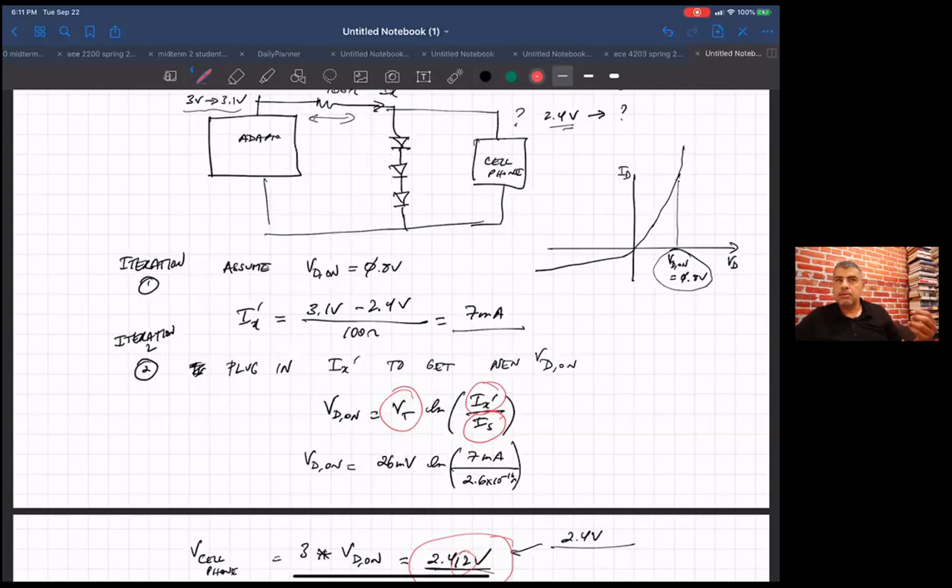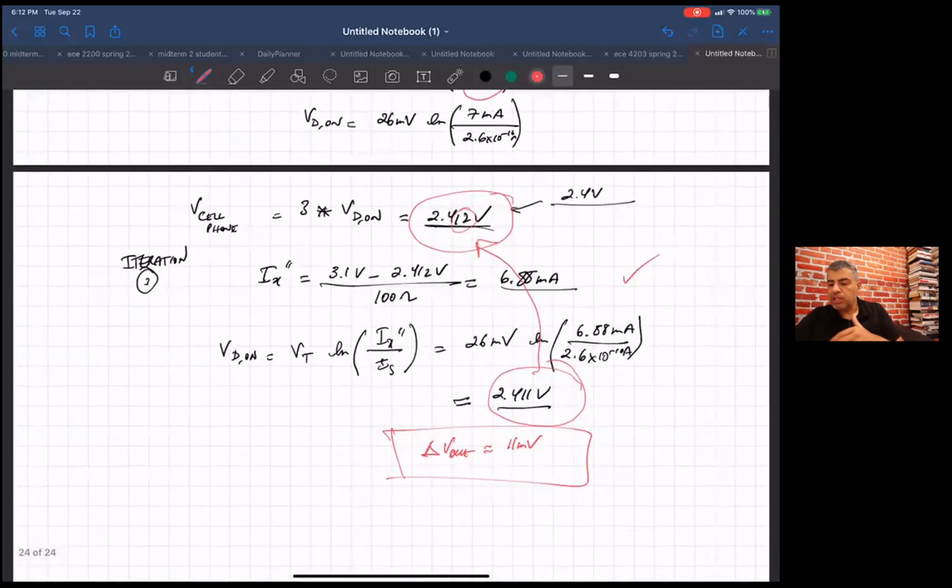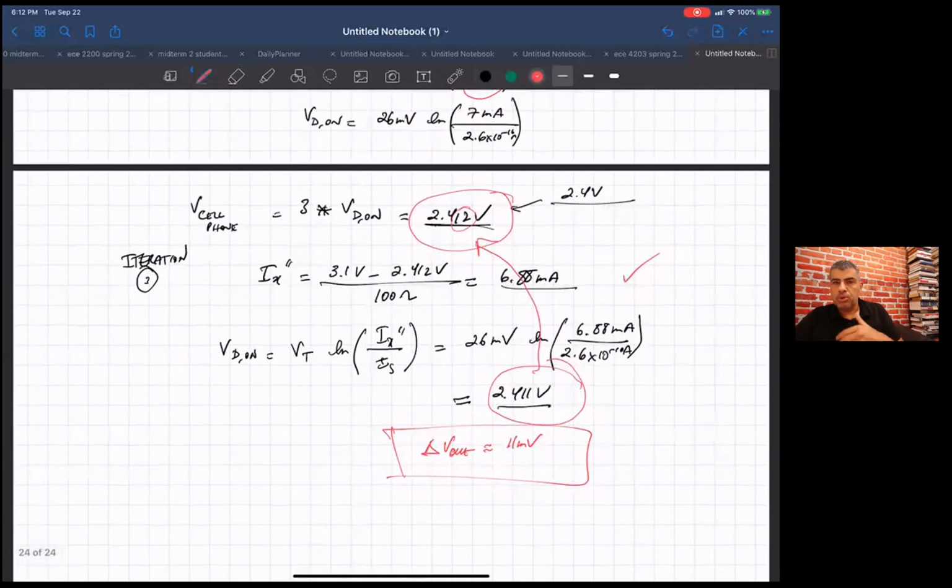Then we get a small change in the input voltage, so what's the new current and what's the new voltage? We had to take this iterative approach because we have a couple of things that are dependent on each other. It was a bit of a pain because we had natural logs and exponentials to deal with. It wasn't fun to do.